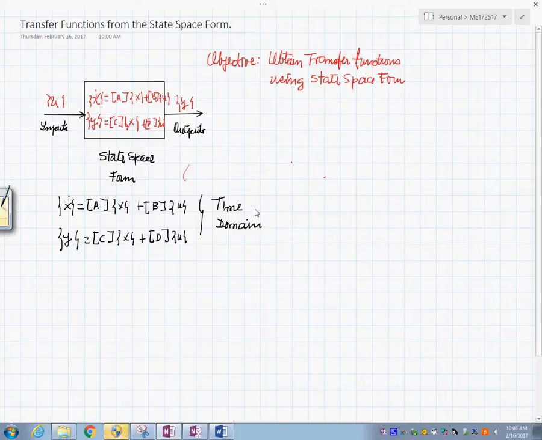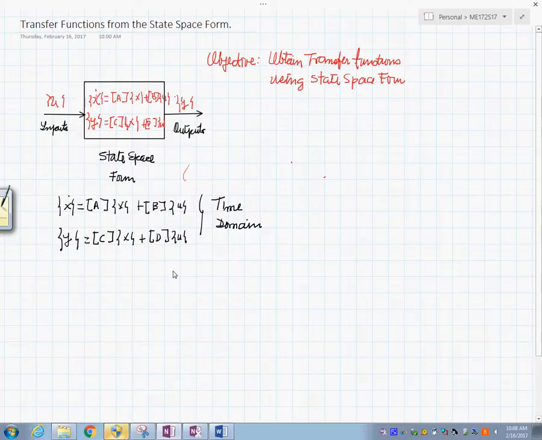All right, here we have the equations in the time domain, and in order to do this, we should apply the Laplace transform, as we did a little earlier in the video, to obtain the transfer function. We are going to apply the Laplace transform, but to the system of equations, not just to one equation.